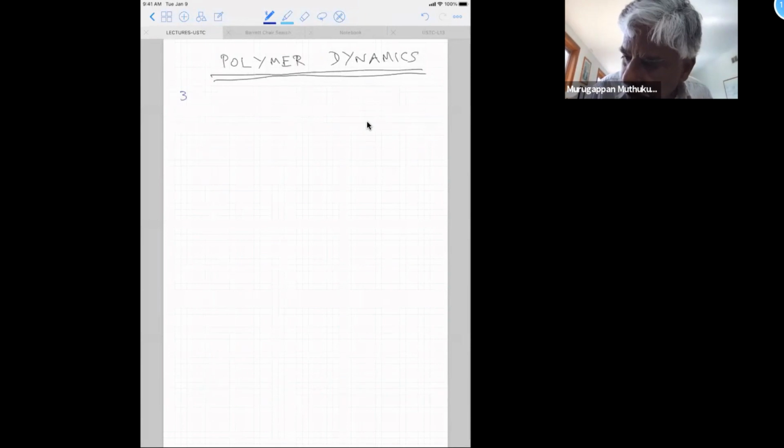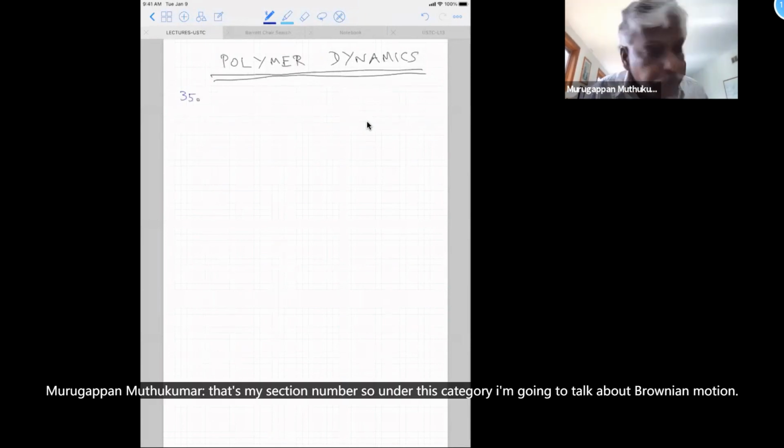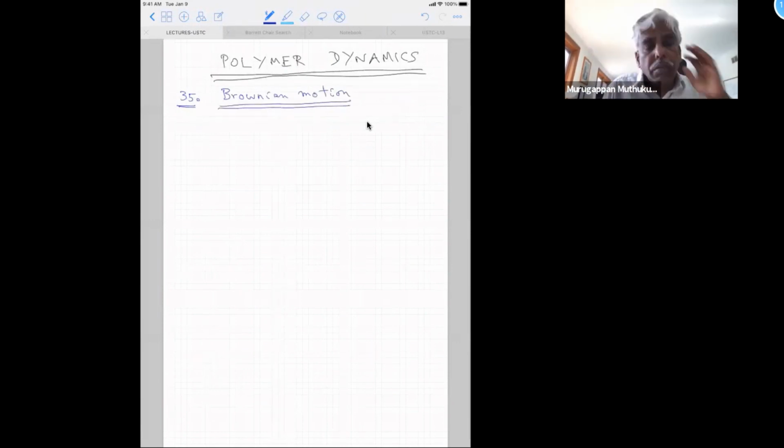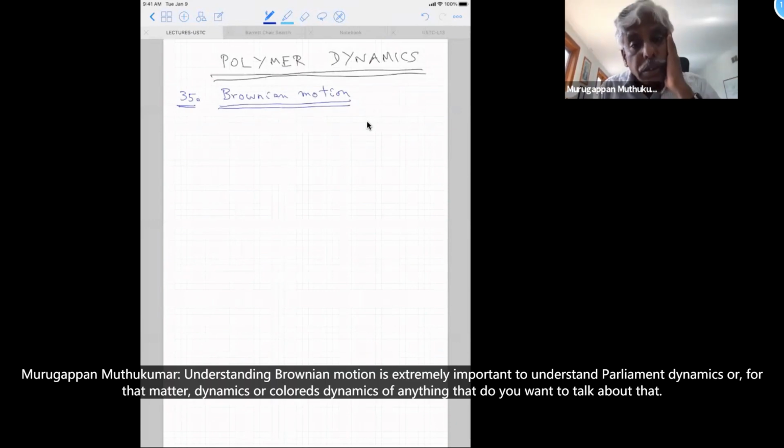So under this category, I'm going to talk about Brownian motion. Understanding Brownian motion is extremely important to understand polymer dynamics, or for that matter, dynamics of colloids, dynamics of anything that you want to talk about.